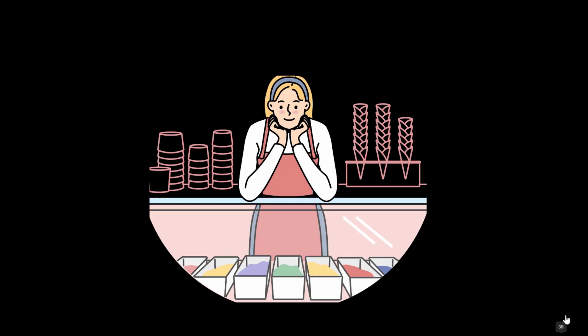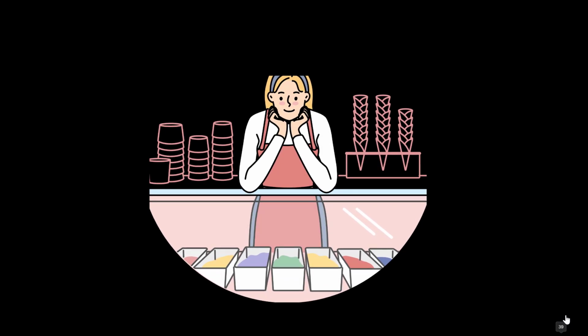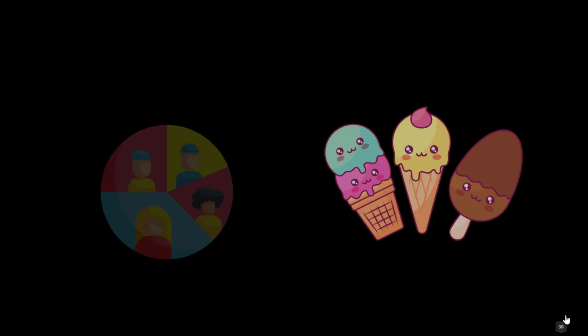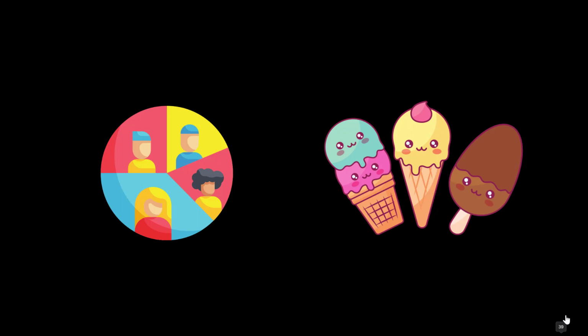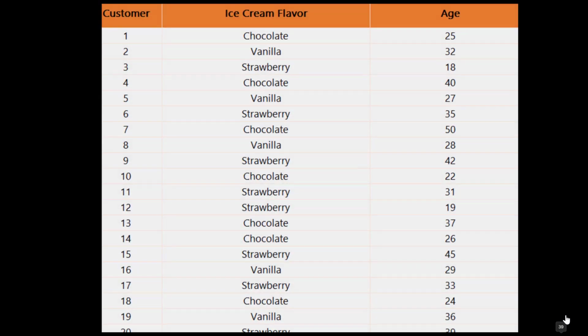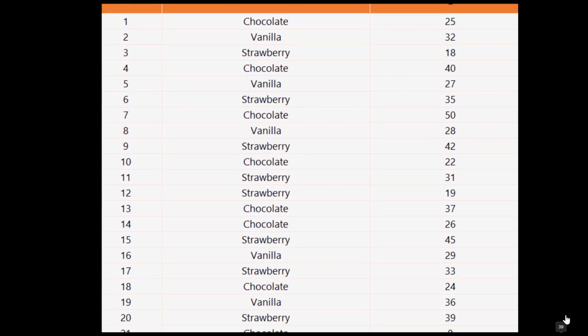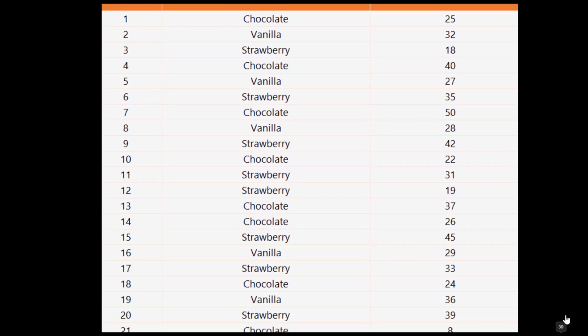So Tina is an owner of an ice cream shop called Sweet Scoops, and she wants to gain insight into the buying patterns and customer demographics of her shop in order to offer better offerings and have a better marketing strategy. She comes up with data in order to find out what are the most popular ice cream flavors among customers and how the age of customers is distributed at her shop.